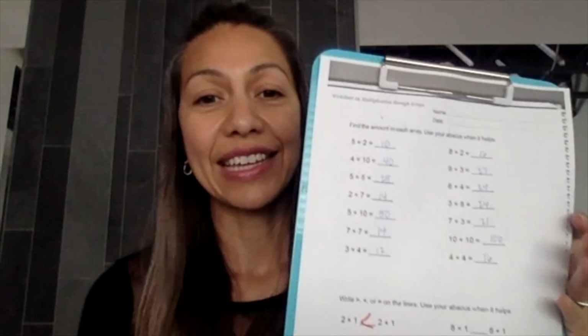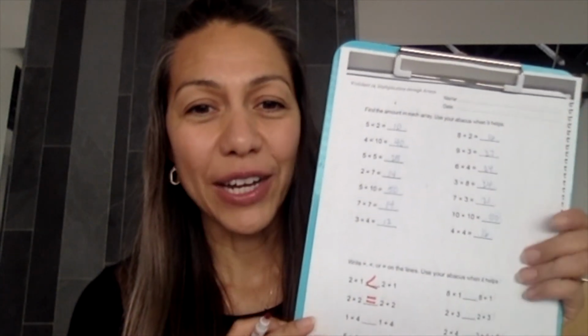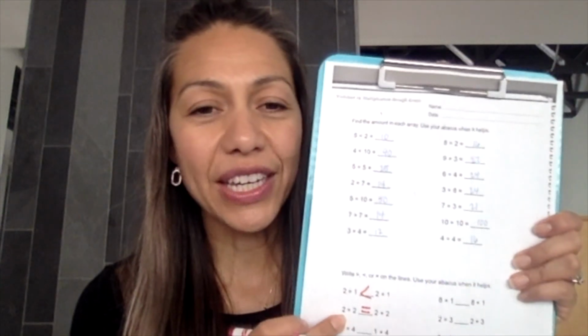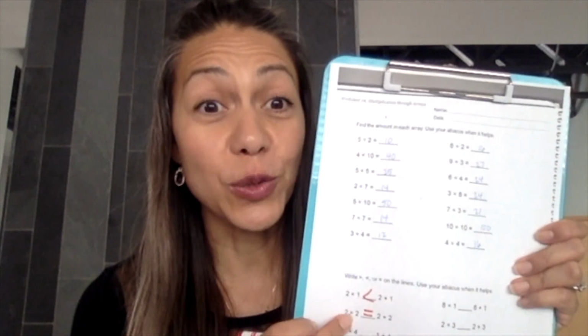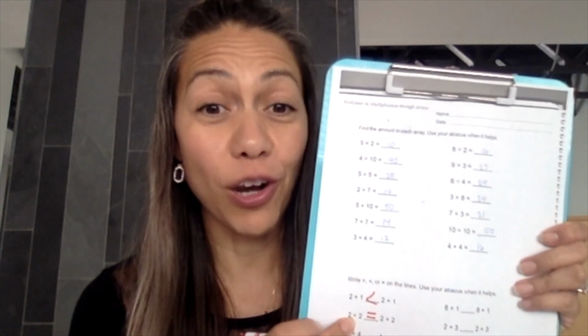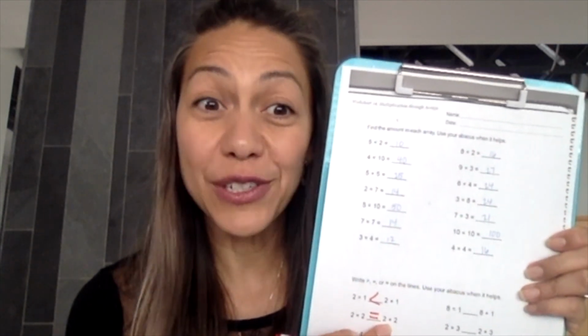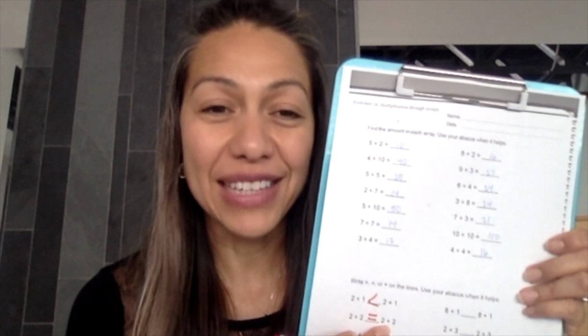And they are equal. So this one here, you took 2 times, it gave you 4. And here, when you added 2 times, it gave you the same answer of 4. All right, let's do the next one.